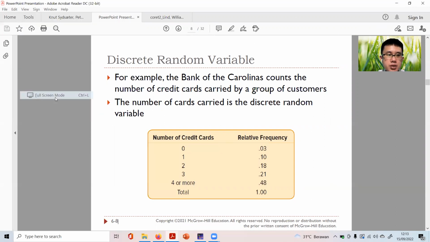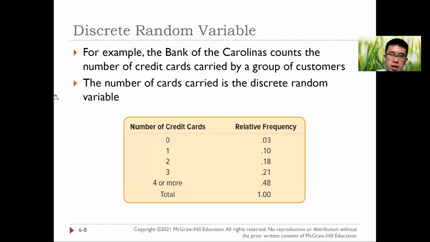In the previous video, we have learned about the definition of discrete random variable. And here is an example of discrete. There is a bank which counts the number of credit cards carried by a group of customers, and they put the result on this table. The first column is for the number of credit cards.